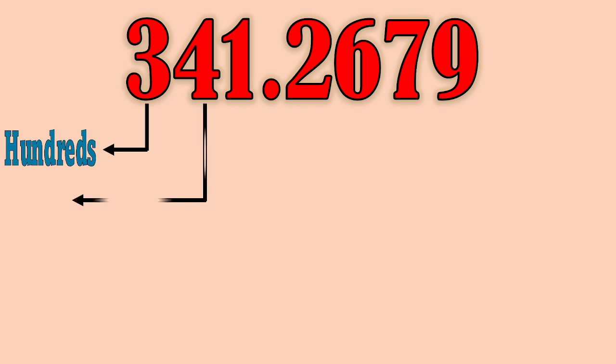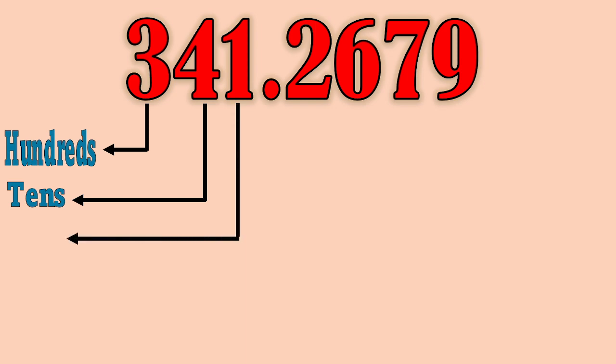So let us review. 341 and 2,679 10,000ths. The place value of 3 is hundreds. The place value of 4 is tens. The place value of 1 is ones.